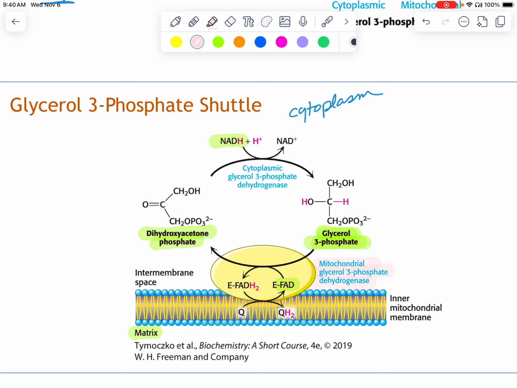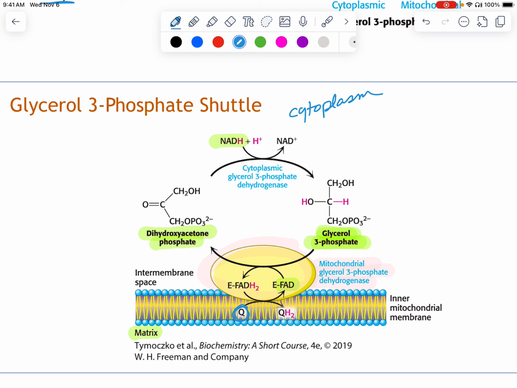But notice that this is associated with our inner membrane, and the FAD is a prosthetic group attached to that. That FAD is going to pass the electrons down here to Q, to form our QH2.